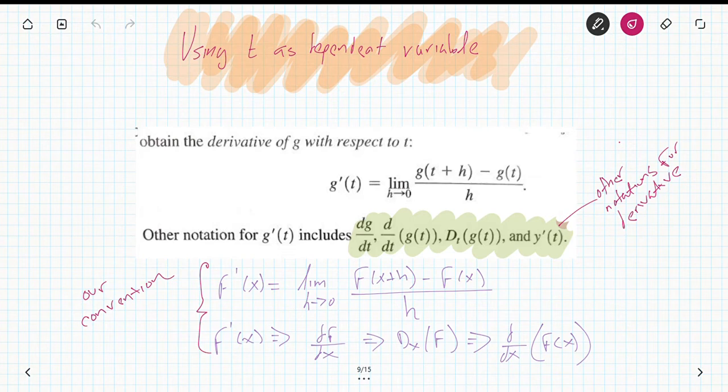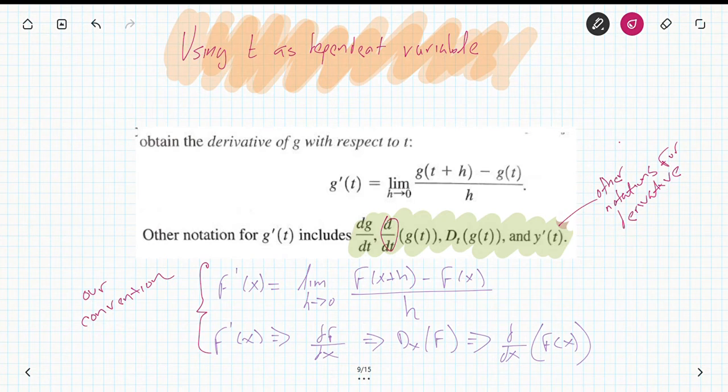So in this case, they're just using t as the dependent variable. Another thing I wanted to mention is that if you want to denote the prime of the function, or the derivative, you can say delta g over delta t, or you can use this operator, d over dt of g of t.